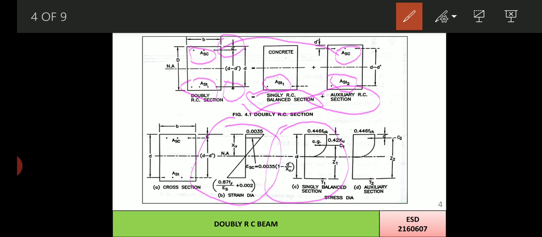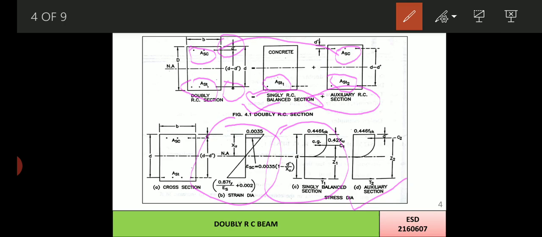There is no difference in that, but what will change is the auxiliary section stress diagram over here. We can notice that compression force and tension force are acting as in the case of singly RC beam. In addition, compression force and tension force will also be acting in case of the auxiliary section.